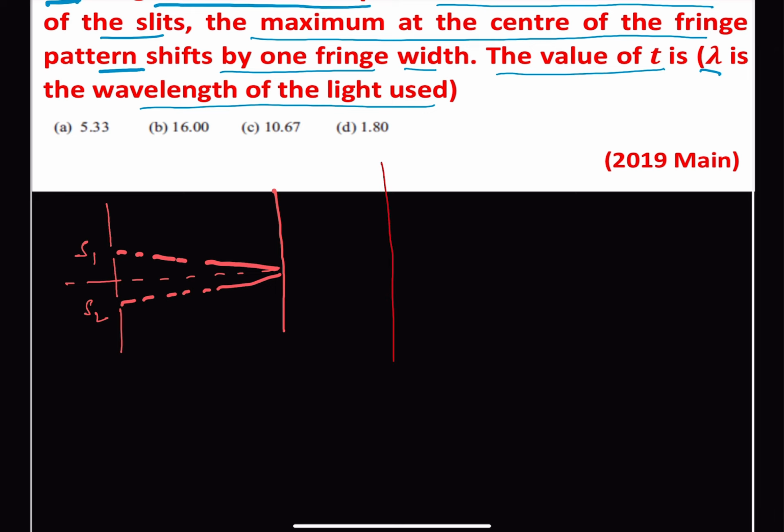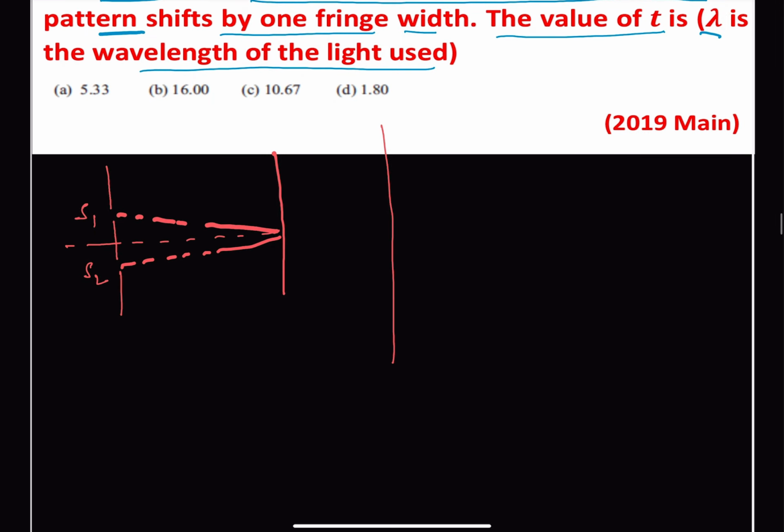And then will be the introduction of a thin film of thickness T. So this is S1 and S2, and we have introduced a thickness of T, and the pattern is shifted.